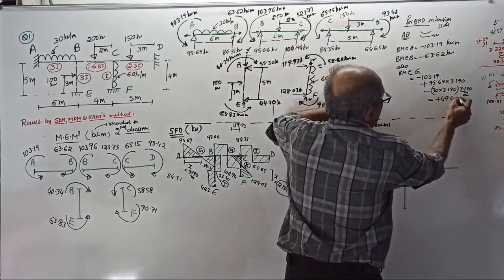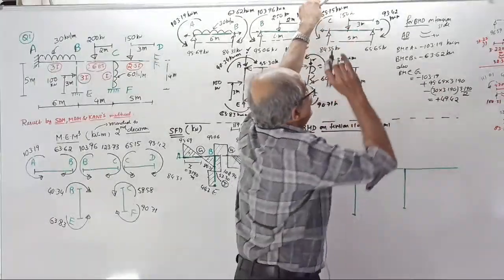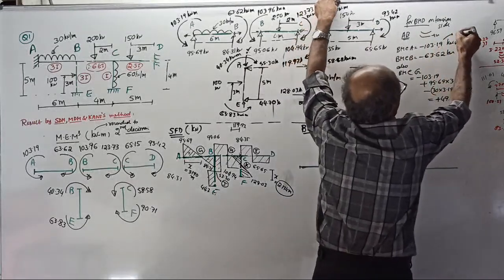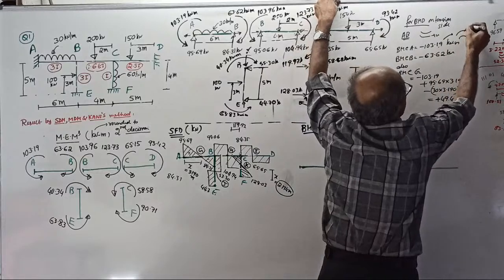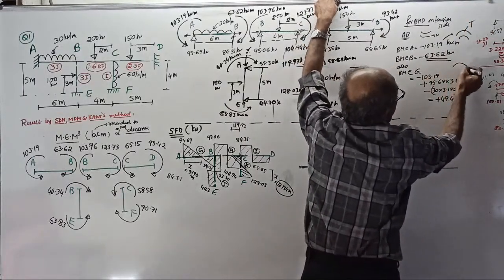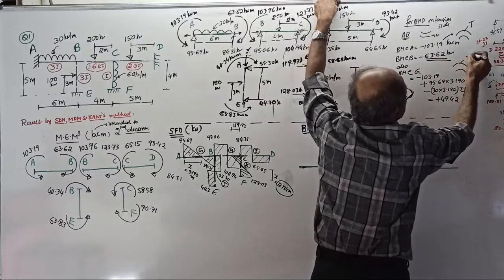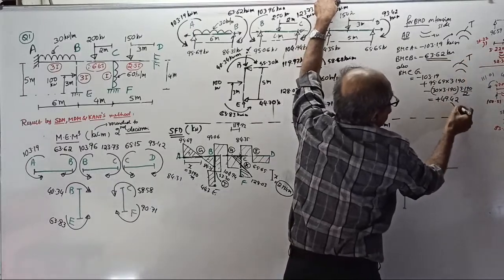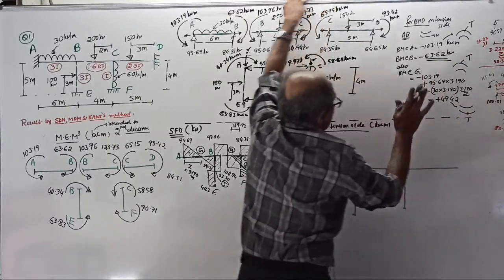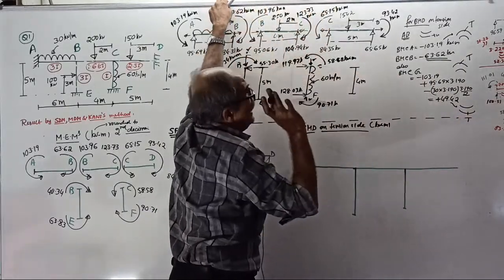Okay. Now I will do one thing. See correctly. We got negative. Negative means hogging, tension at the top. We got positive, that means sagging, tension at the bottom. Now I will not explain for the other members.